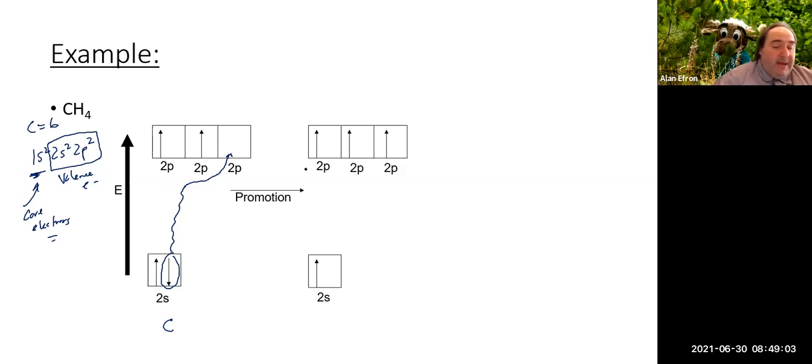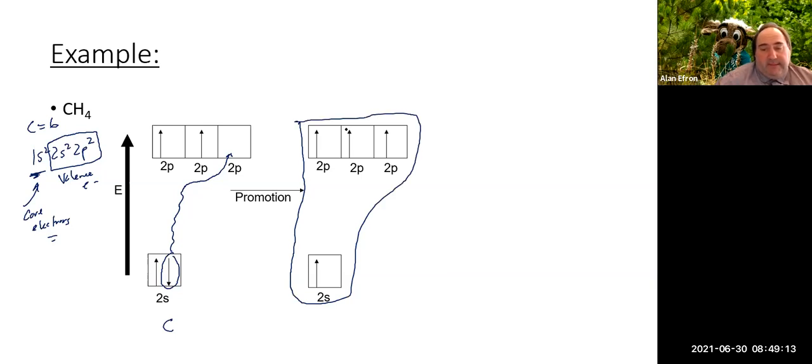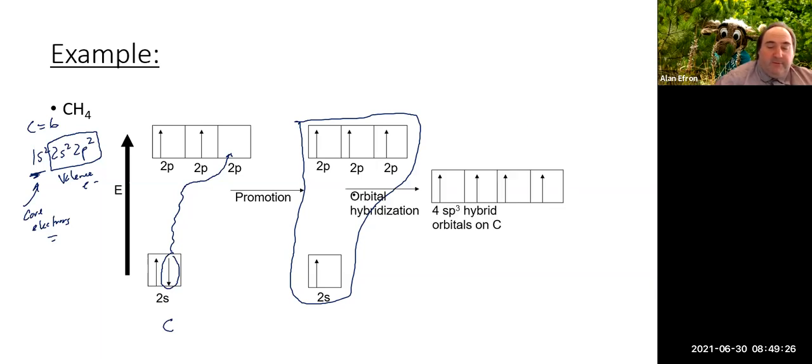We now have 1 electron in each of these atomic orbitals. In this case, all 4 of these are going to go through hybridization. Again, we have taken an s orbital and 3 p orbitals, and that gets us 4 equivalent hybrid orbitals, which are sp3 hybrid orbitals in our carbon.